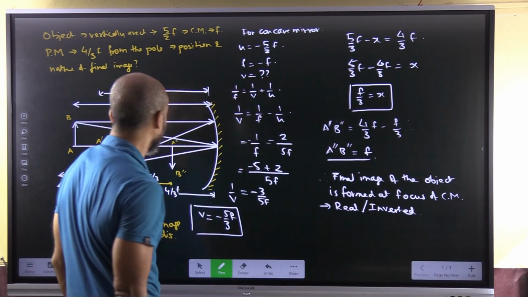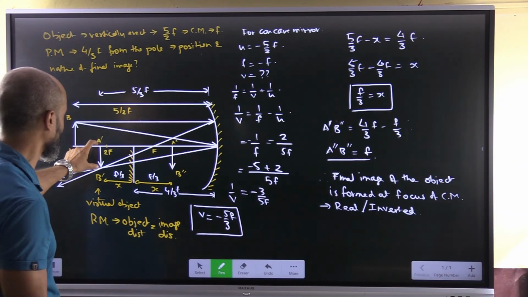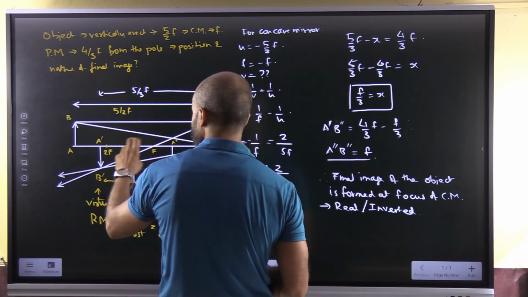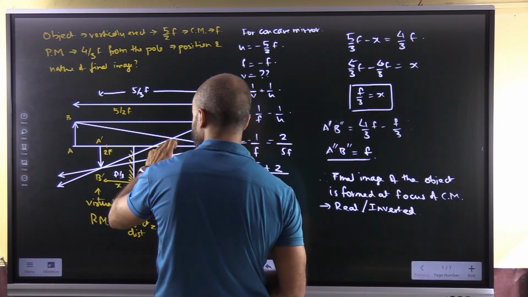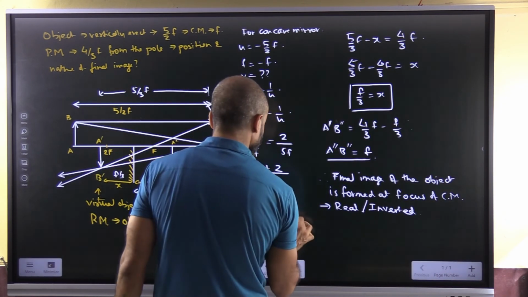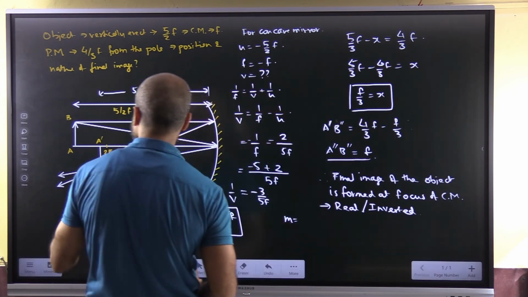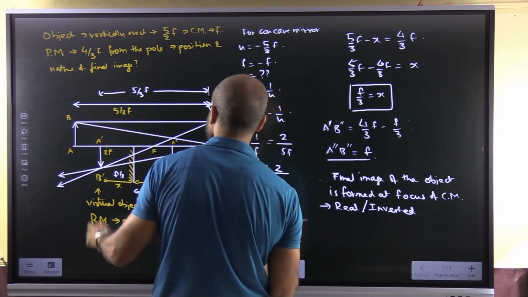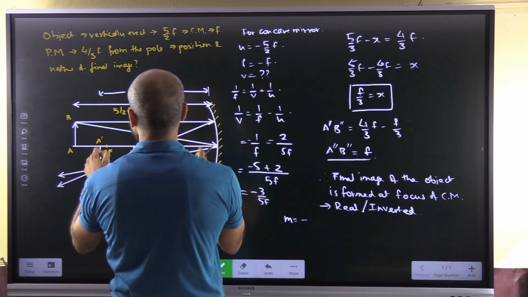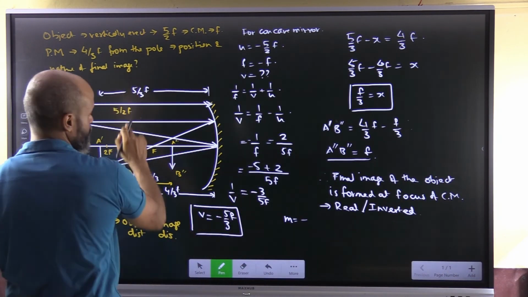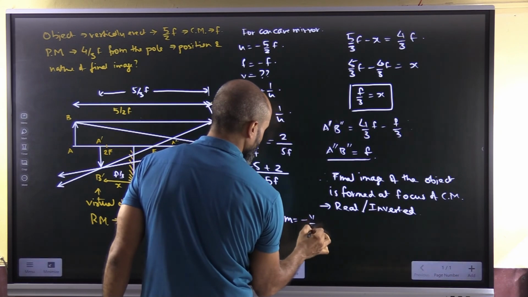If we have to calculate the magnification, we have to just calculate this part here, because this will be the same size. This image is going to be the virtual object for this mirror forming the image here. So the magnification will be minus v by u.